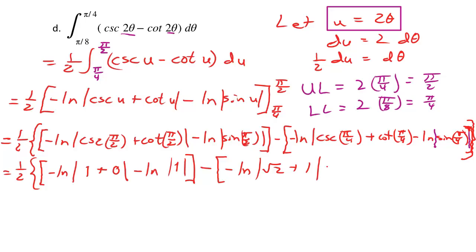Okay, and then we have minus natural log of sine of pi over 4, which is root 2 over 2, bracket, brace. All right, let's see what we got here, cleaning this up.